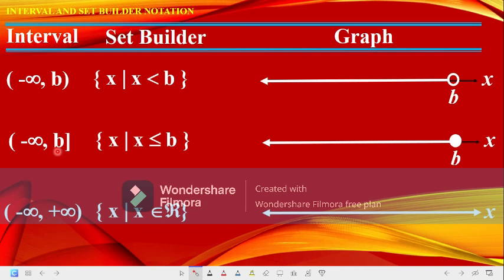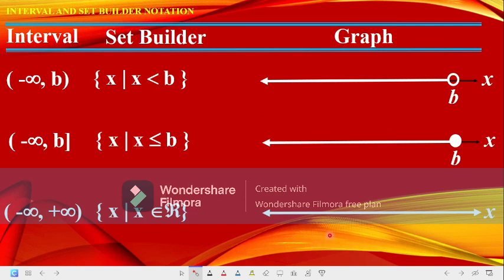It means the set of all x's until negative infinity until B, meaning the integer B is included. So for set builder notation, we have the set of all x's such that x is less than or equal to B. The meaning is just the same.